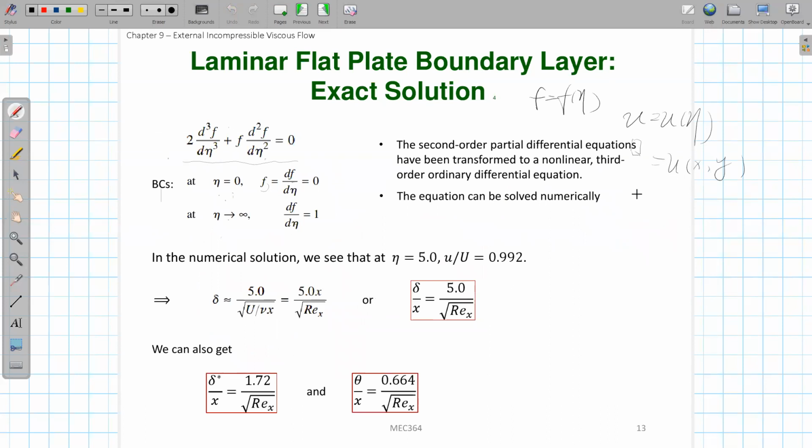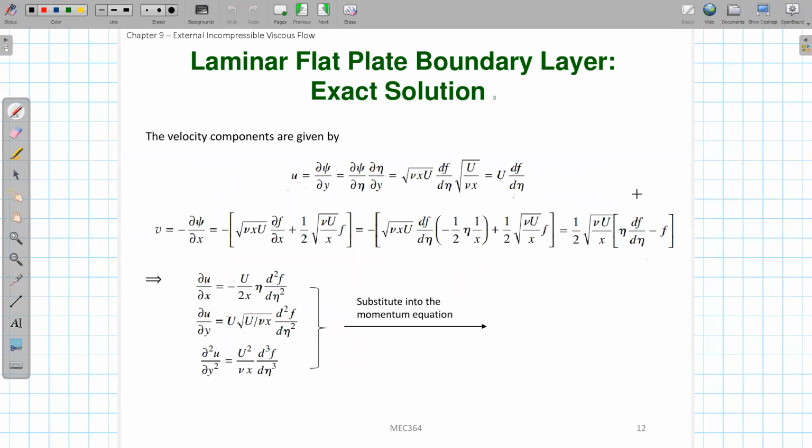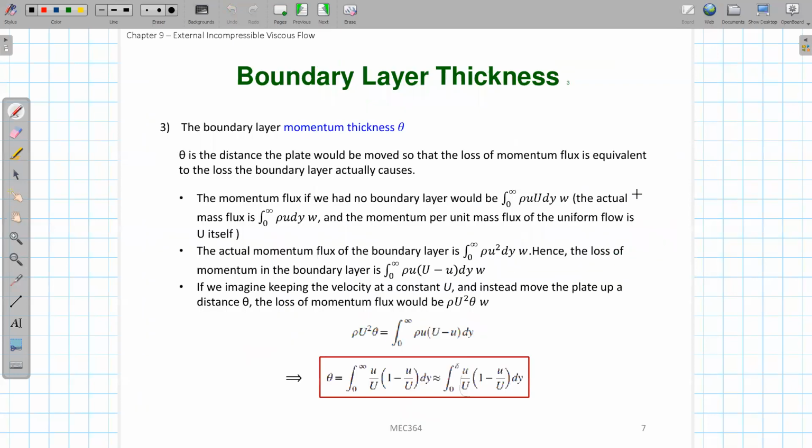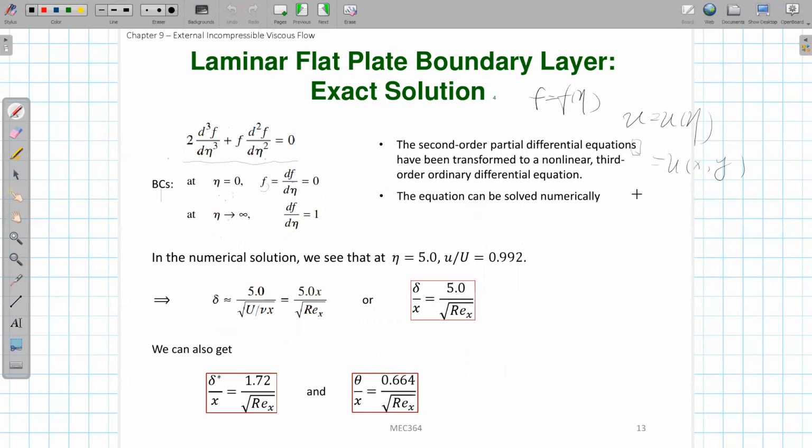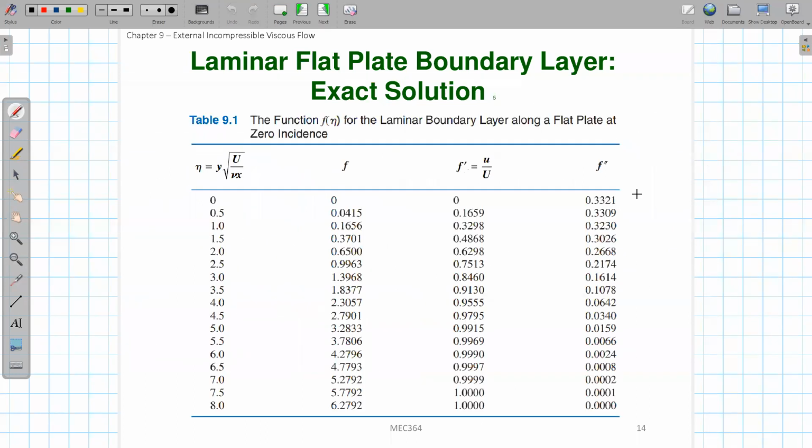You are able to find what the velocity profile looks like in the laminar boundary layer. So now we answer the first question. You remember we have two questions here: what is the velocity profile in the boundary layer? We solved it from this table. This is what the velocity profile looks like.